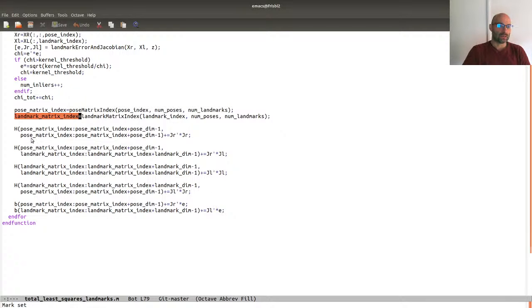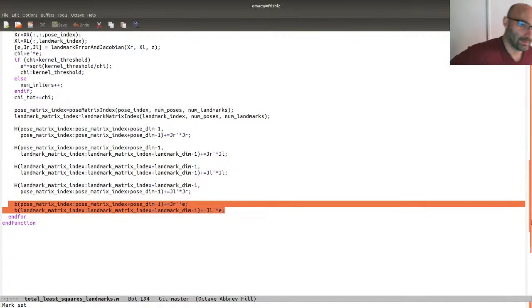And this is the contribution. Remember, observe that here we have a plus equal in the 4 blocks of my J transpose omega J contribution, and these are the contributions in the B vector. Okay, we have already seen this in the pose landmark problem.